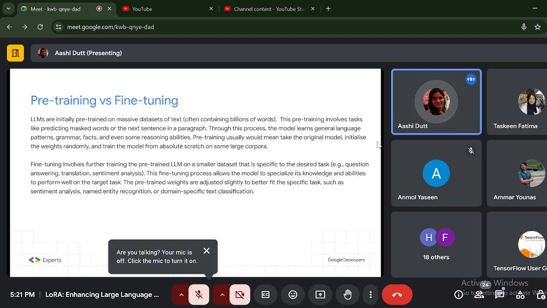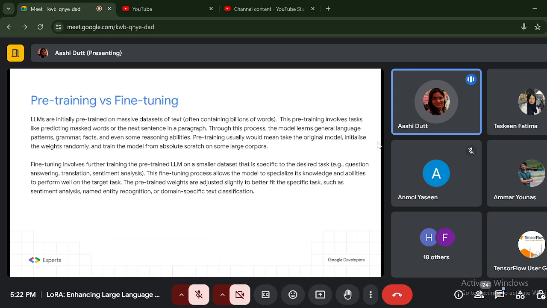Consider the websites, consider code from GitHub, this and there, everywhere. And you have trained your model on that data set. That is pre-training. A massive data set, maybe in billions, and you have trained your model or LLM on that data set, right? That is pre-training. Then there is fine-tuning.